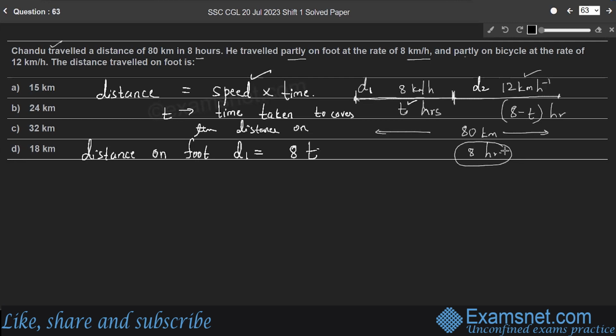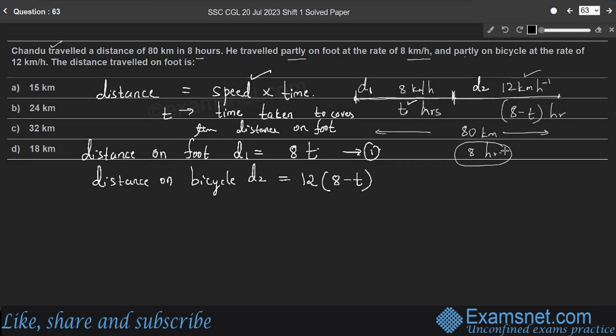So D1 is equal to 8 into T. Consider this as equation 1. Now the distance covered by him on bicycle, D2, is again speed into time, where the time is the remaining time, 8 minus T.